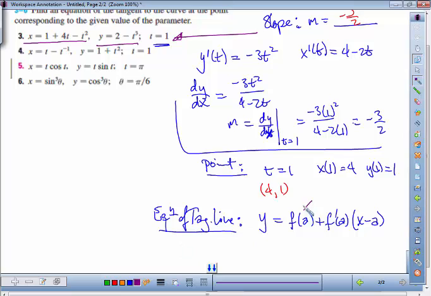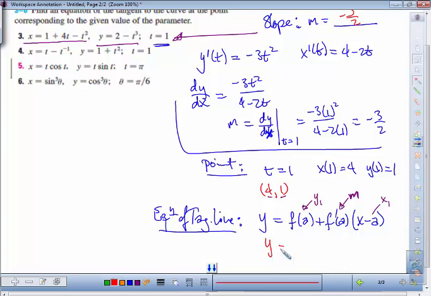And then if you want to, this is your y1, this is your slope, m, this is your x1. So we got our y1, x1, and our slope, so we can easily write that down.